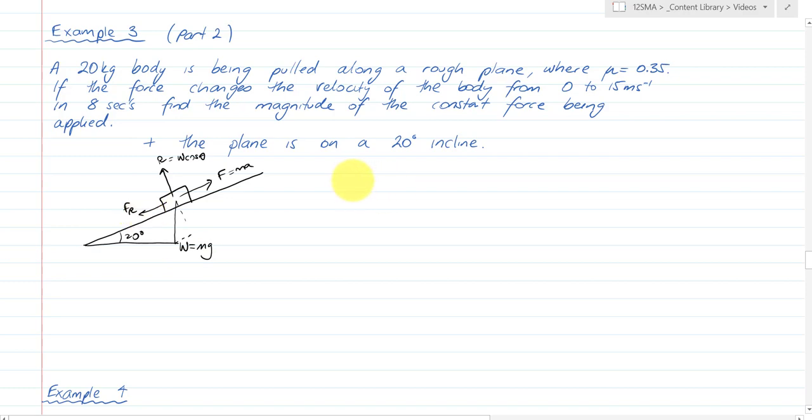And so in component form, the overall resultant force is equal to F, our force up the plane, minus our frictional force, minus W sine theta, as we got before, and there's our diagram that represents that because that's 20 there.